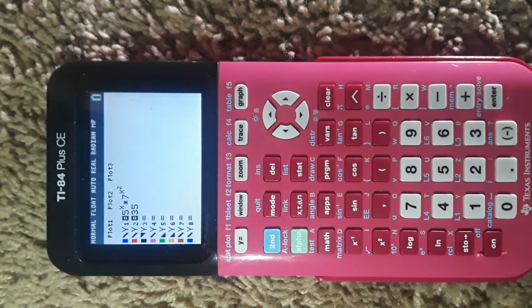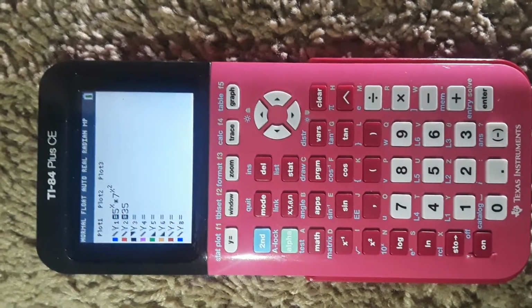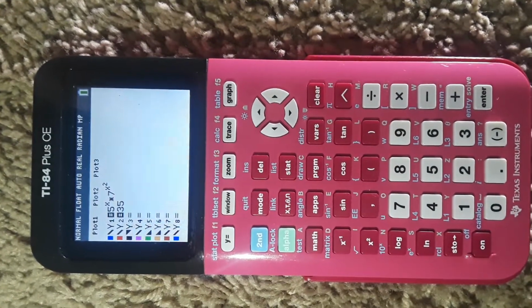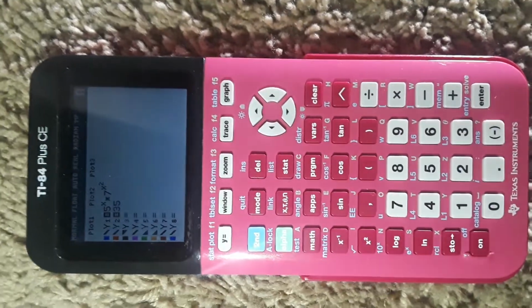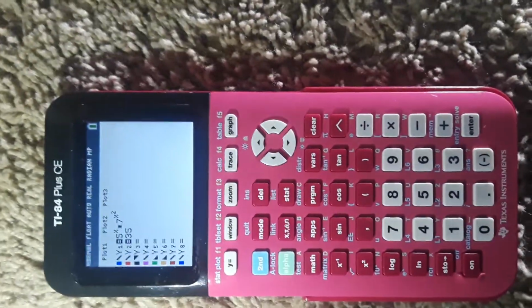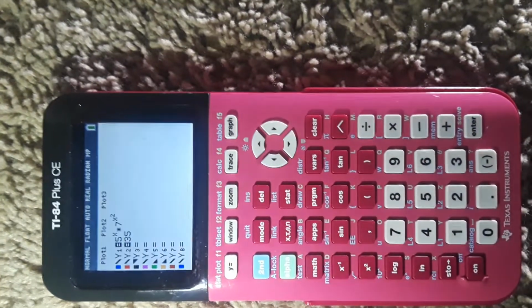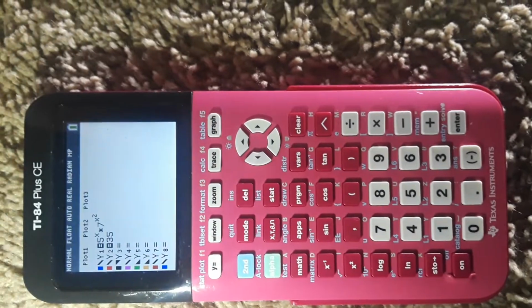So now we must hit the window button because we see y2 is about, or actually you could say 35. So we want to change the y max to about 40 to see the multiple intersection points.